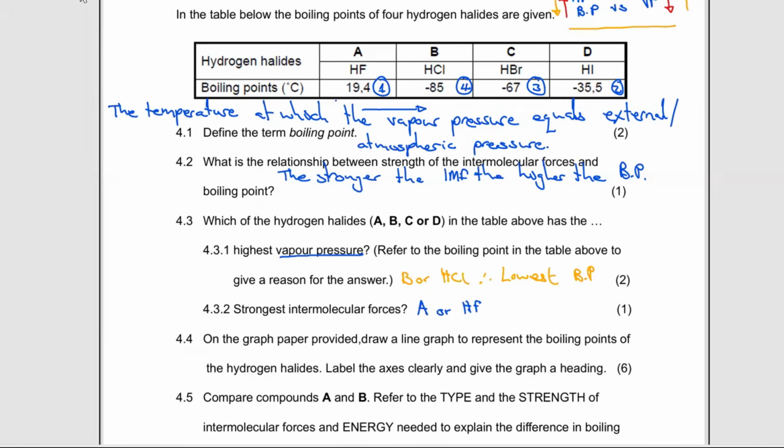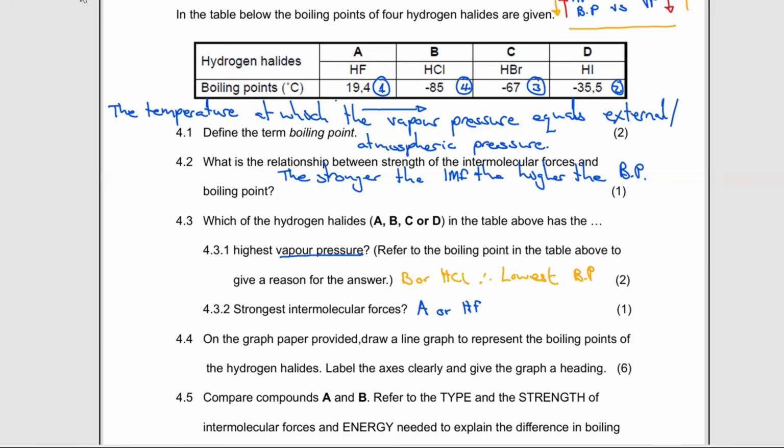Okay. Then we proceed to the next question, which reads: on the graph paper provided, draw a line graph to represent the boiling points of the hydrogen halides. Then we've been asked to label the axes clearly and give the graph a heading, right? So we're going to start with giving the graph its heading.